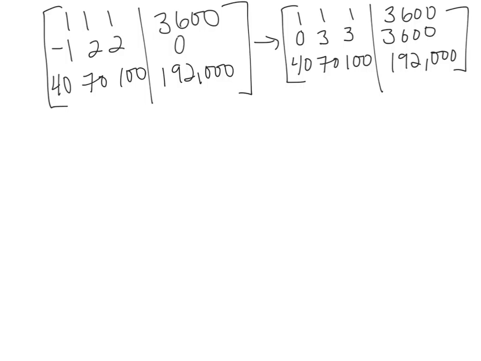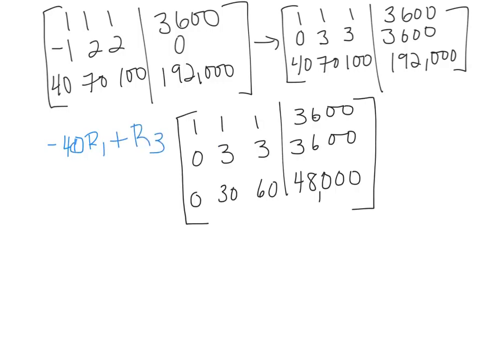Next, I'm going to multiply row 1 by negative 40 and add that to row 3. And then finally, we're going to multiply row 2 by negative 10 and add it to row 3.